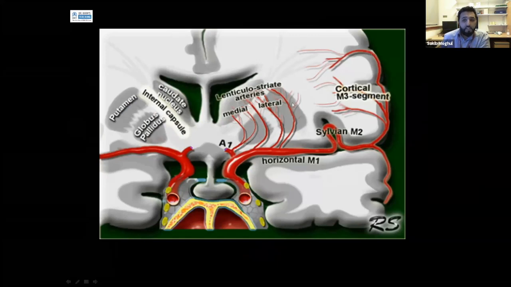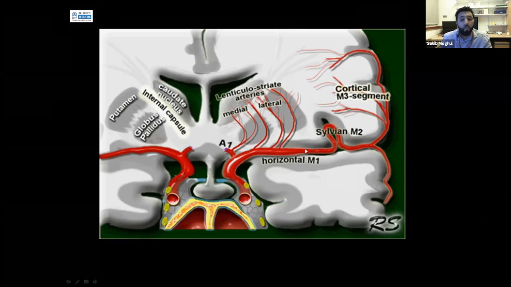As you can see, these small terminal branches from the lateral lenticulostriate arteries and also the deep infiltrating cortical branches from the M3 segment, or M4 segment actually, the terminal branches essentially cover this long segment of white matter tract. So if you imagine a state of hypovolemia, or if there's an acute internal carotid occlusion or chronic occlusion and a low output state, you're going to get quite significant compromise of flow into the middle cerebral artery.